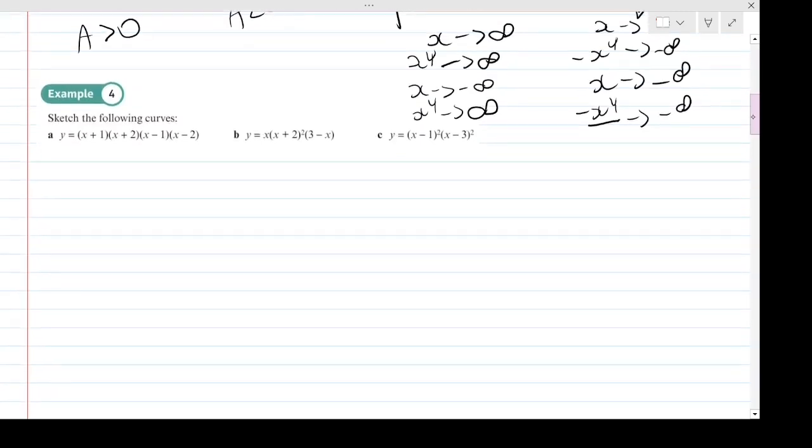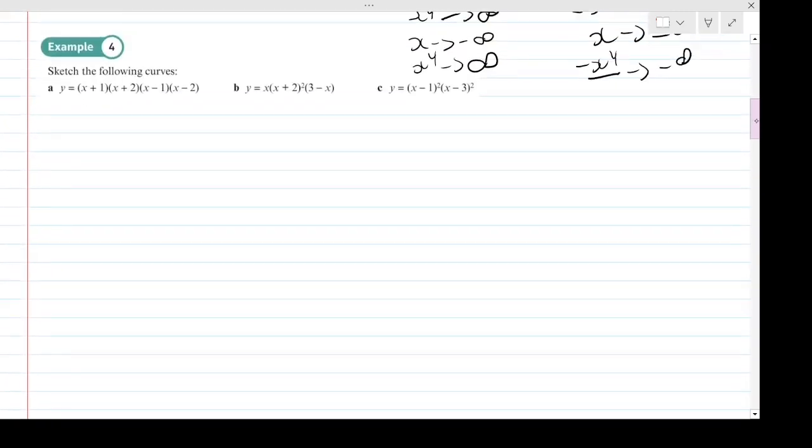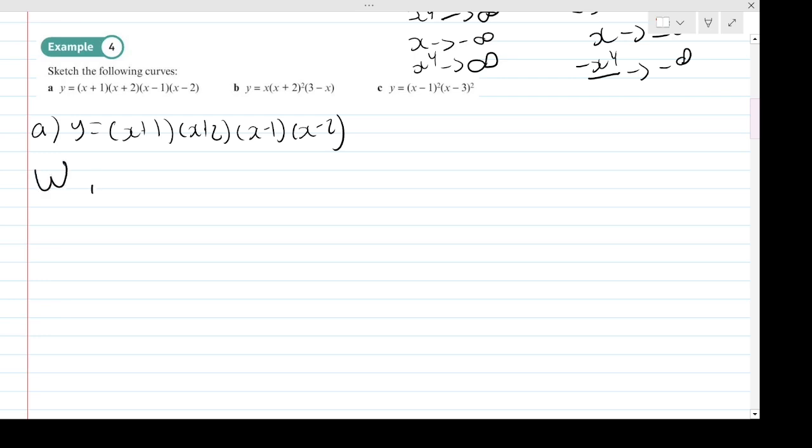Okay, so it's basically the same idea as with cubics, by analysing the roots. So part A, we have y is (x plus 1)(x plus 2)(x minus 1)(x minus 2). First of all, again, we need to determine what type of quartic. Is it going to be a positive like this, or a negative like this?